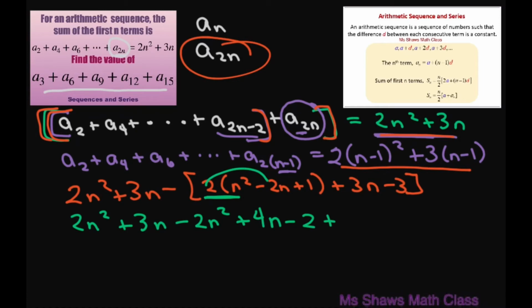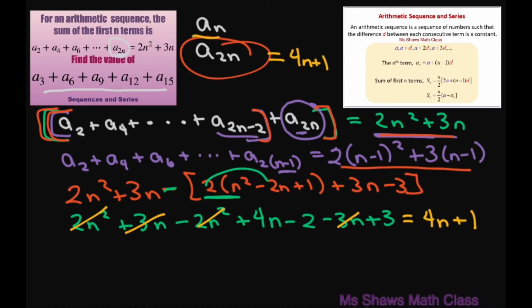Then we have minus, distribute this negative, so minus 3n plus 3. Let's see if I did that right. All right, so these cancel out, these cancel out. So this is going to equal 4n plus 1. So that's what a sub 2n equals, 4n plus 1.